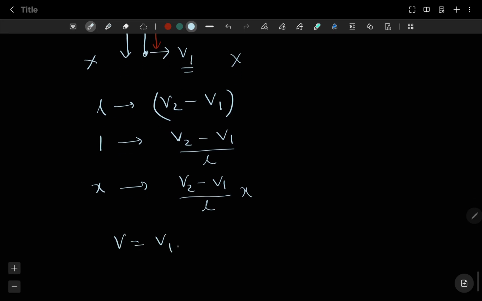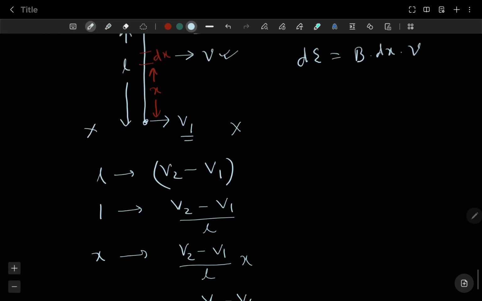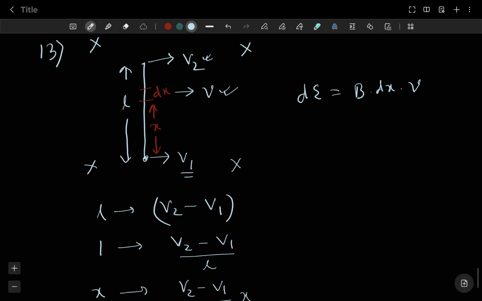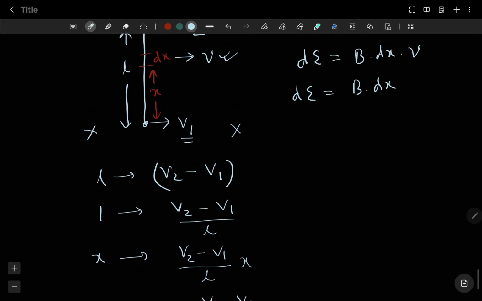V will be V1 plus this change, V2 minus V1 by L into x. Fine. So d epsilon is B dx, now this is V1 plus V2 minus V1 by L into x.